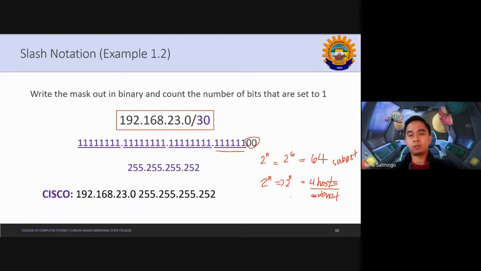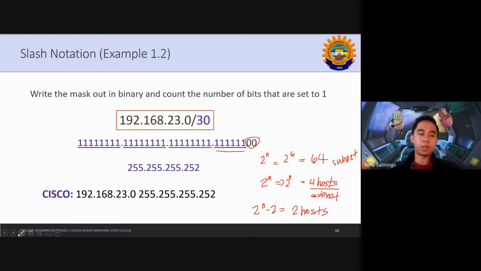And what would be your usable IPs? For this example, you have only 2, because you have 2 to the n minus 2. So you have only 2 hosts to be used, because the 2 were for your network number and for your broadcast address.